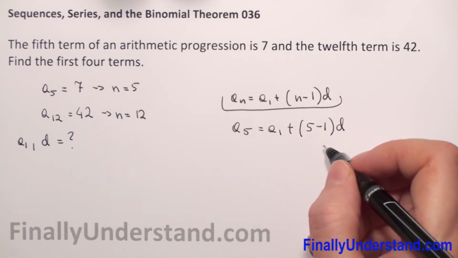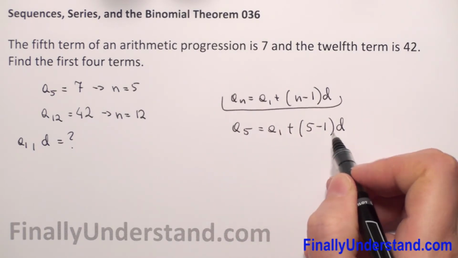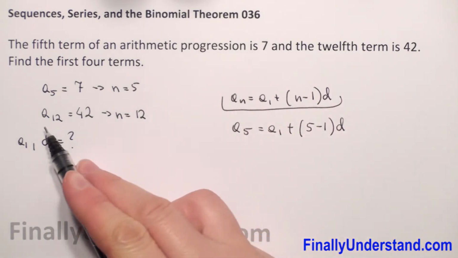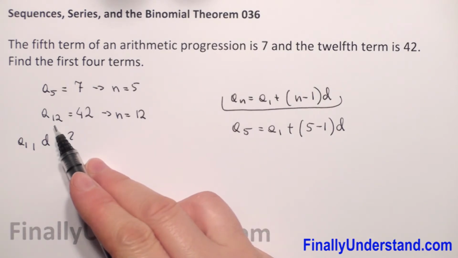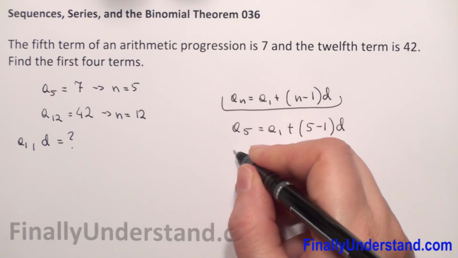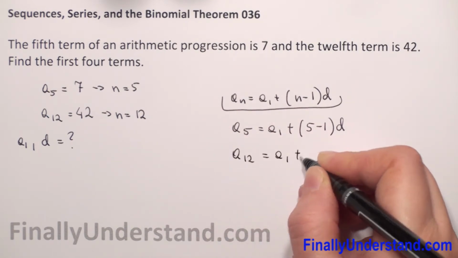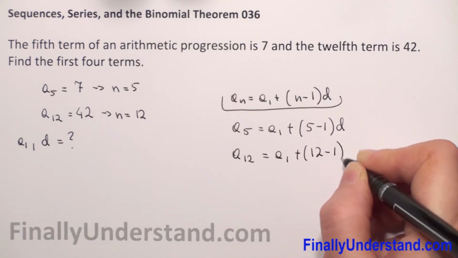We have one equation, with two unknowns in it. From the given information that A12 is equal to 42, we get the second equation: A12 is equal to A1 plus 12 minus 1 times d.